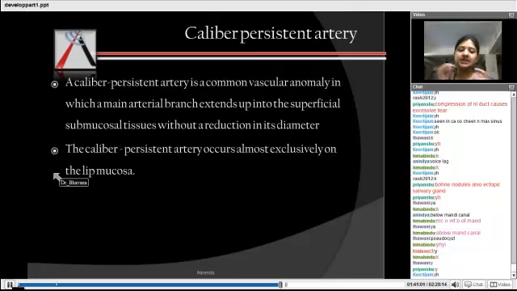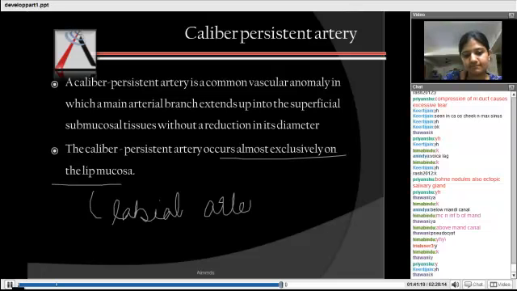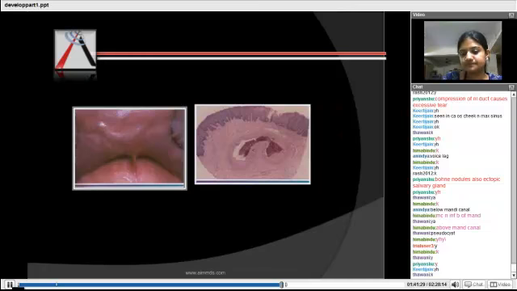Because of thickening, they are extending and becoming more superficial such that they become palpable. That's called the caliber persistent artery, and this is very common in the lip mucosa. It's almost exclusive on the lip mucosa. So the artery that is most commonly affected is the labial artery. This is the most common artery that it affects. So this could be an MCQ.